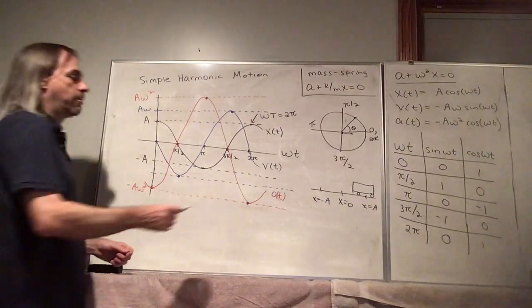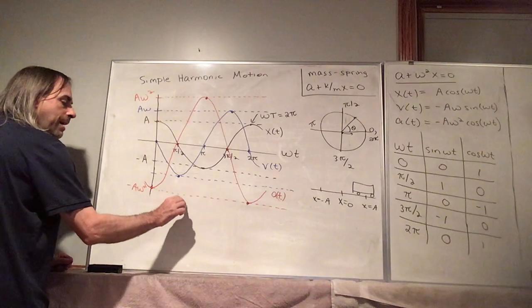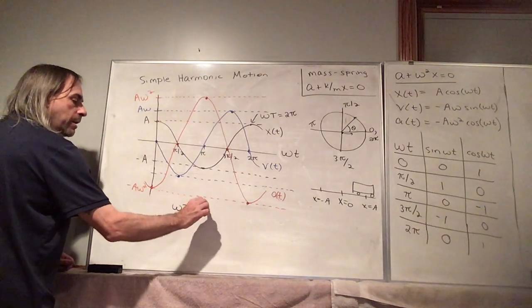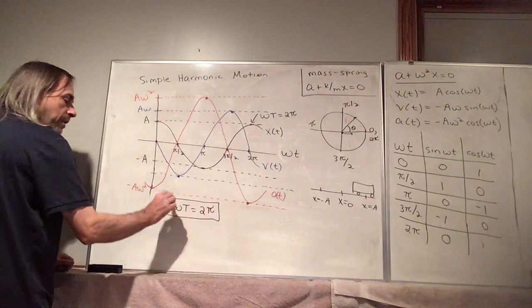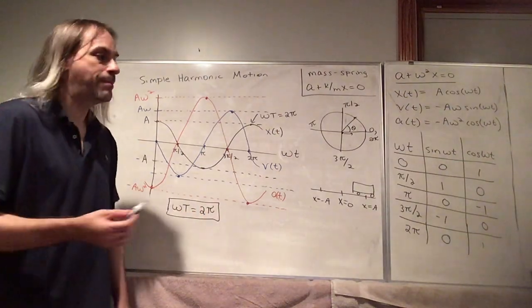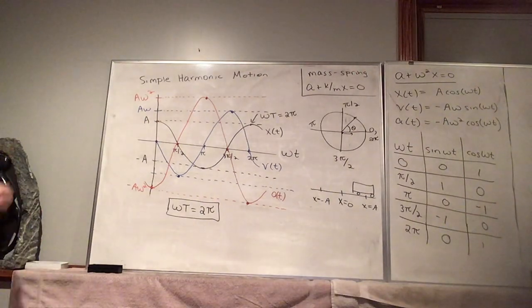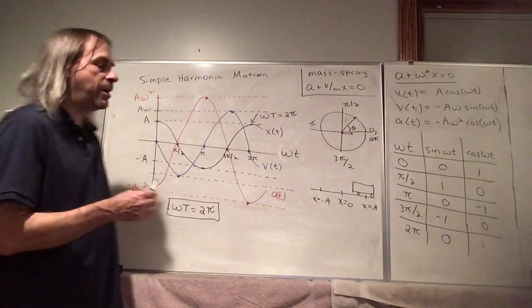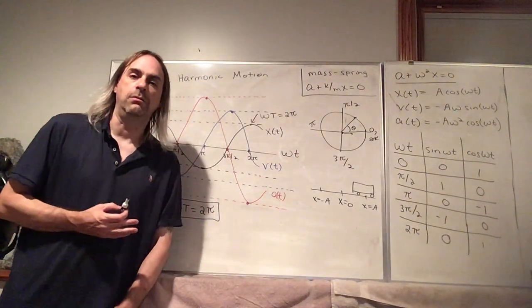So I'm going to put a box around that. I'll just write over here, omega times the period is 2 pi. And we can just see that from the graph and from the definition of what a period actually is. Now, it's kind of a nice way to write this. Now, T is a period in seconds. That's the time to complete one cycle.